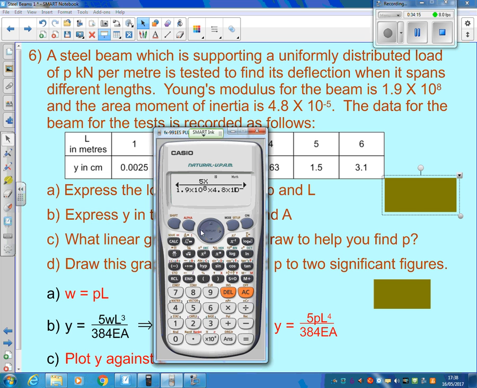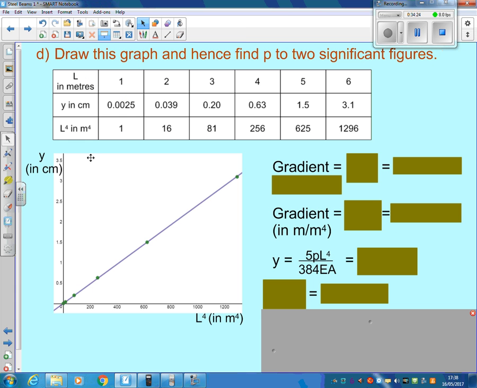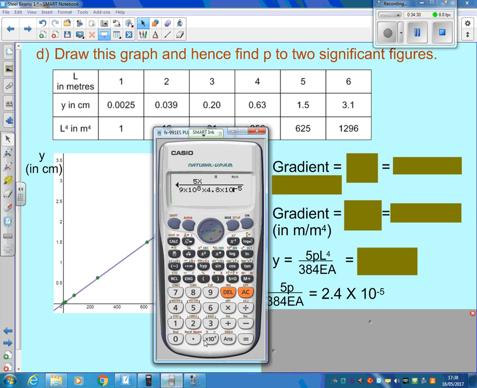Okay, let's move across here. So 384, there's my E, there's my A. Let's pull up the calculator. So there's my 5X.